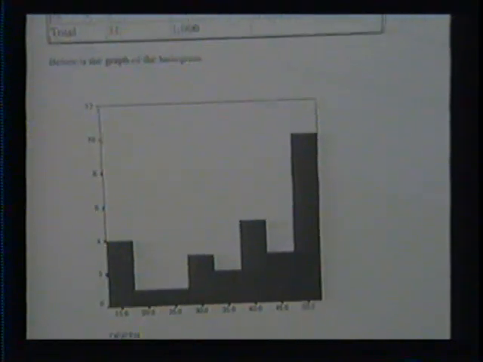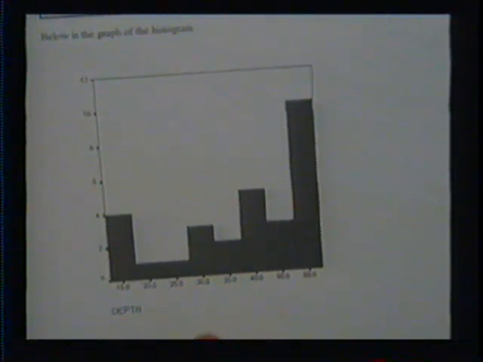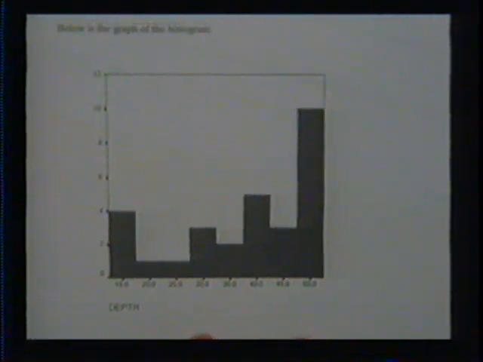This is how your graph should look. Okay, it looks exactly the same. Okay, good then. Job well done.